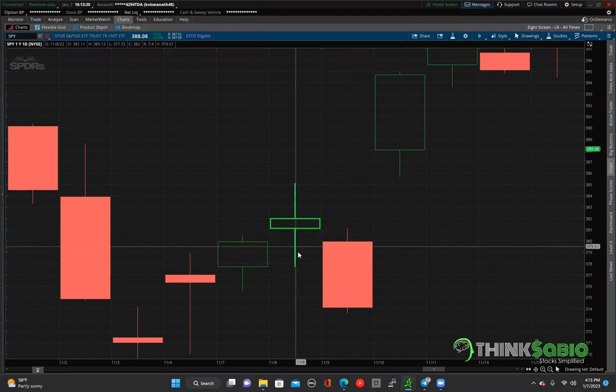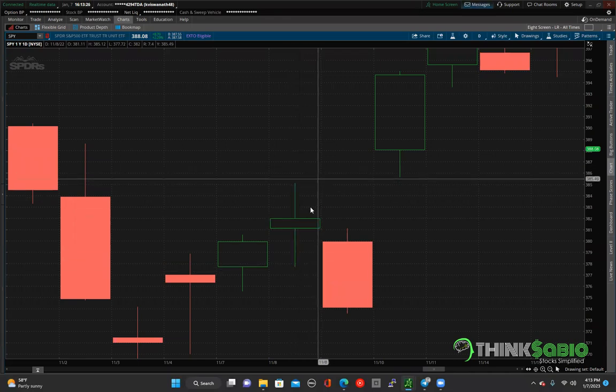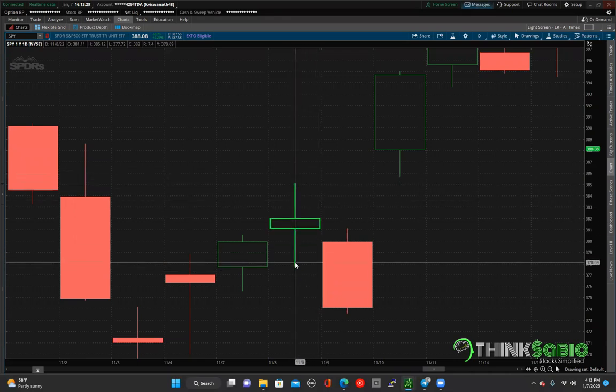That means the trading day is a lot volatile. The volatility means that there is too much up and down of price movement in the day, right? It went all the way down by like 4 points. It went all the way up by about 4 or 5 points, but then it settled somewhere in the middle, right? So that means there is equal pressure from both bulls and the bears.